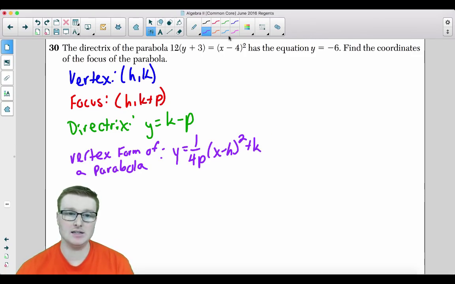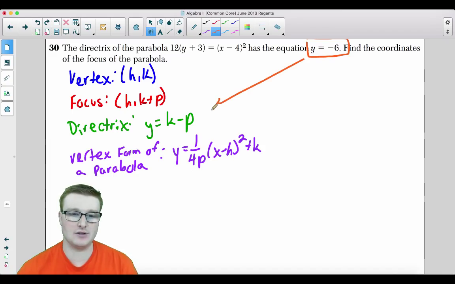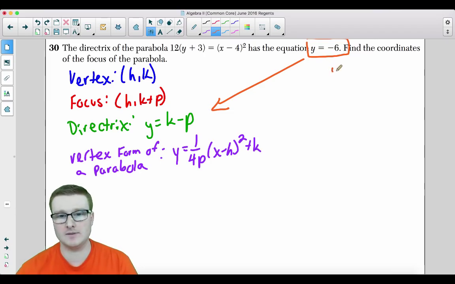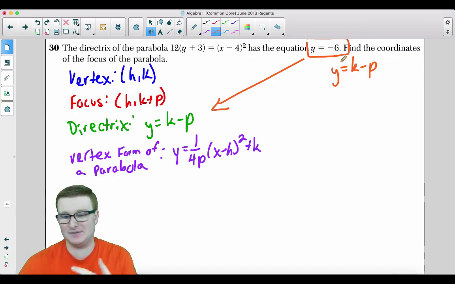So, they tell us that the directrix equation is y equals negative 6. I just told you that the directrix equation is in the form of y equals k minus p. So we could replace the k minus p with the negative 6 and vice versa.